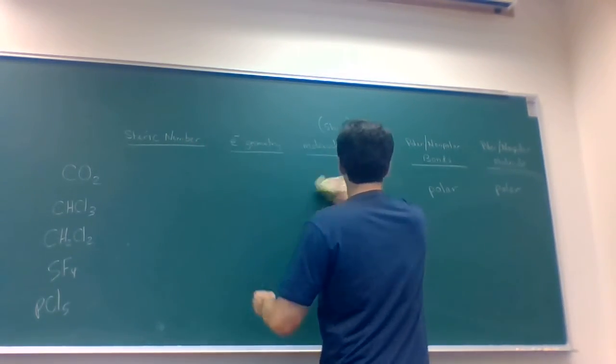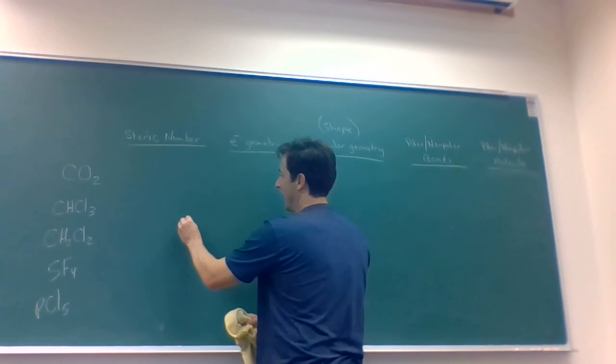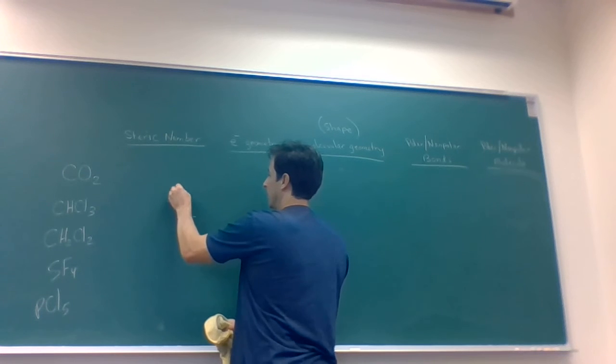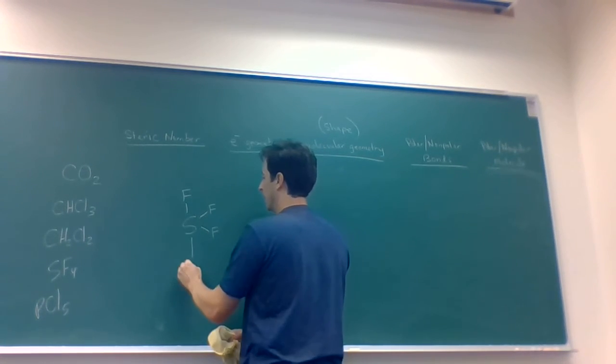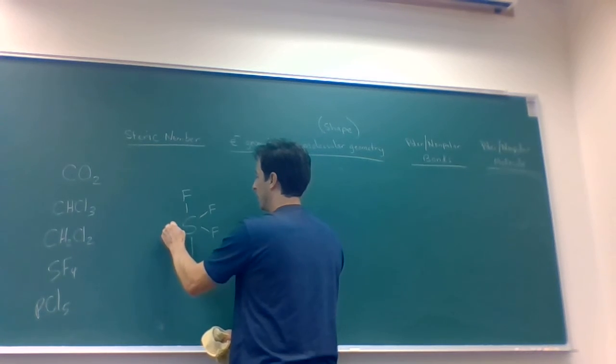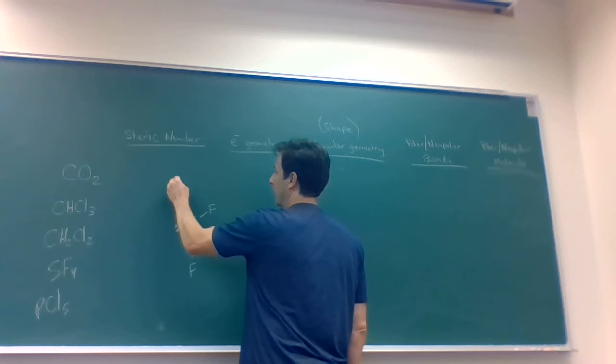If you draw out SF4, you should get something that looks like that. All my fluorines should have their lone pairs on them.